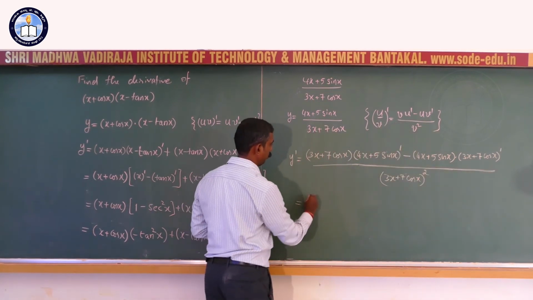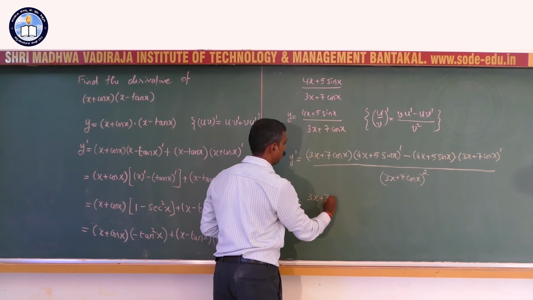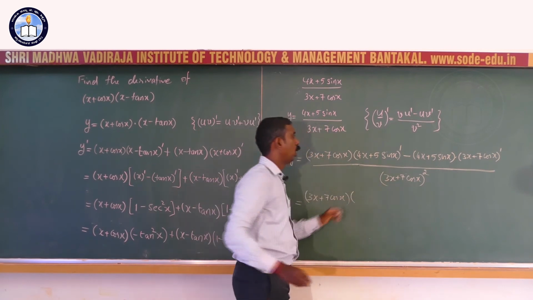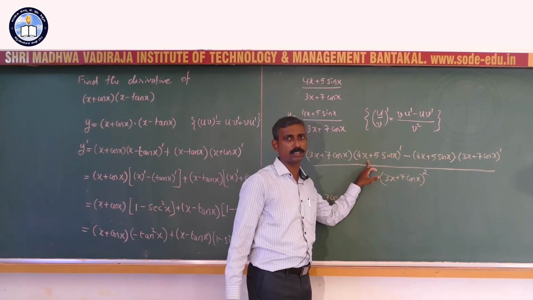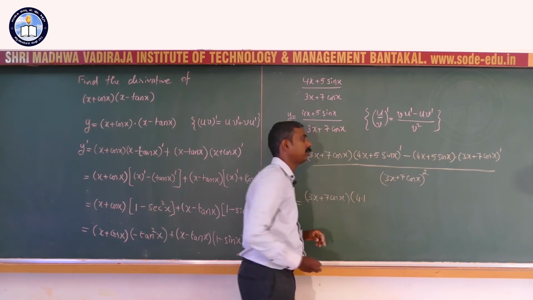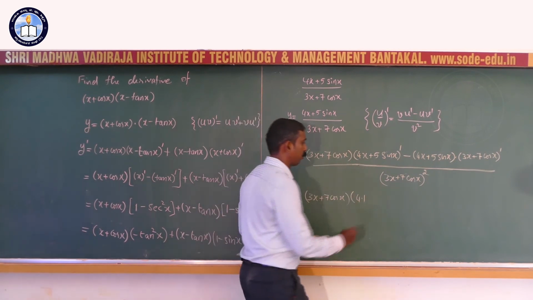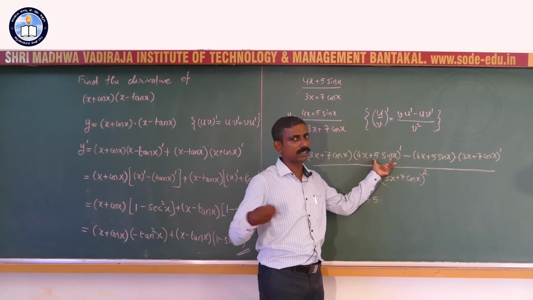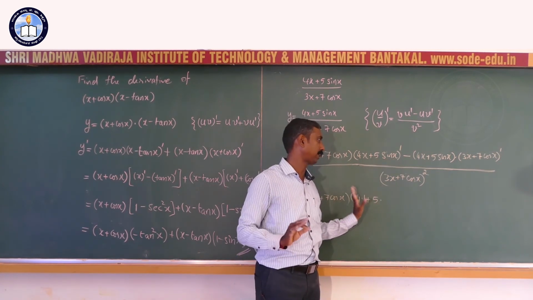Now, this is equal to 3x plus 7 cos x into the derivative of 4x. 4 is a constant, so 4 into 1, the derivative of x, plus 5. The 5 is not differentiated, it is a constant multiple, so it will be kept as it is.